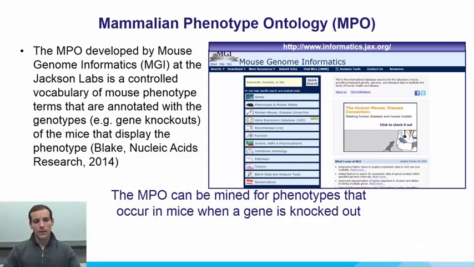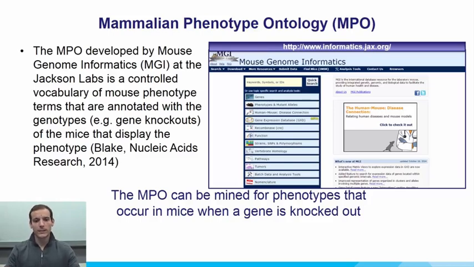So what's done with this ontology is that phenotype data for all of these different transgenic mice are curated, and if a particular phenotype was observed for one of these transgenic mice, then that particular genotype would be assigned to that phenotype.